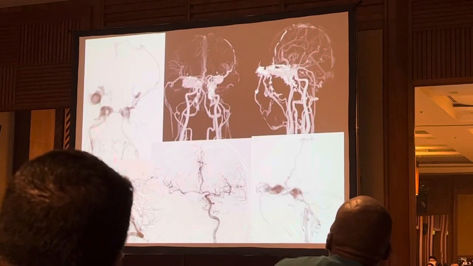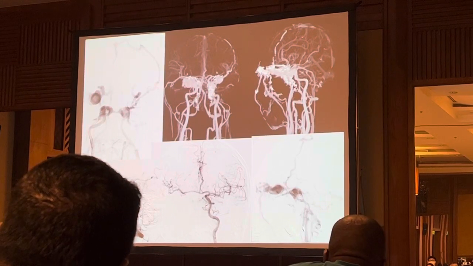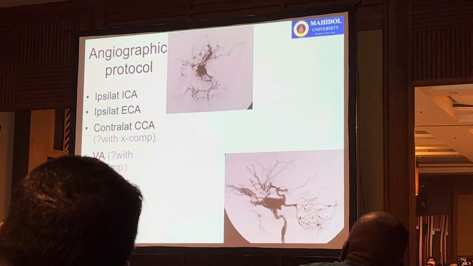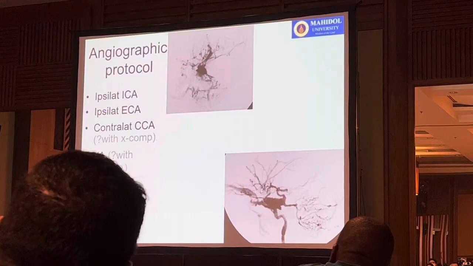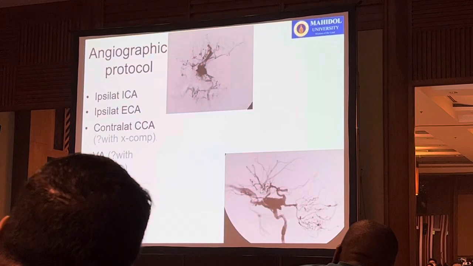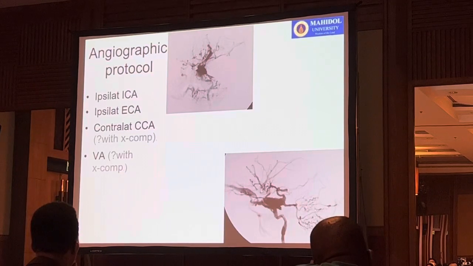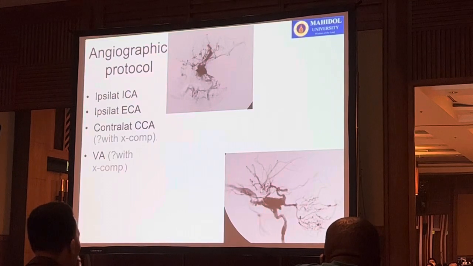Of course, the fistula point can be seen more clearly through the vertebral injection, and this is what can be analyzed. So we recommend to do ipsilateral internal carotid, AP and lateral, ipsilateral external carotid. Contralateral common carotid is fine. And the vertebral artery injection. If you have a single plane, you can choose contralateral common carotid in AP and vertebral artery in lateral.